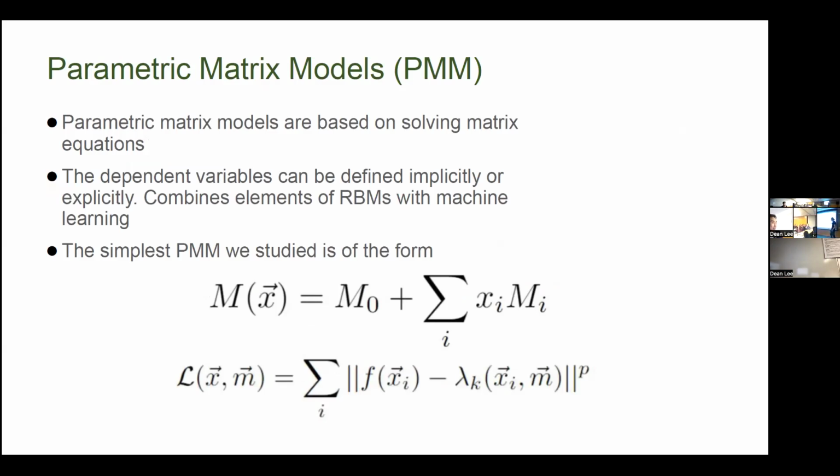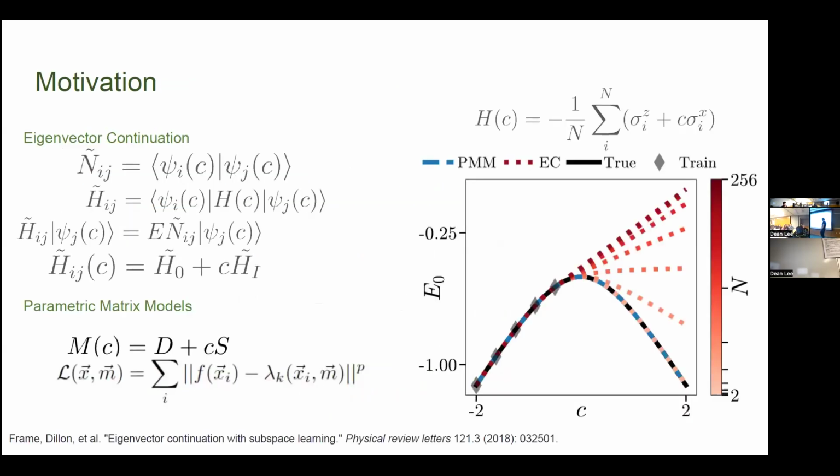The simplest one is this PMM, where it's linear in the input space, and what we fit to the data, and what we minimize the loss function over, is the eigenvalues of this Hamiltonian-like matrix.